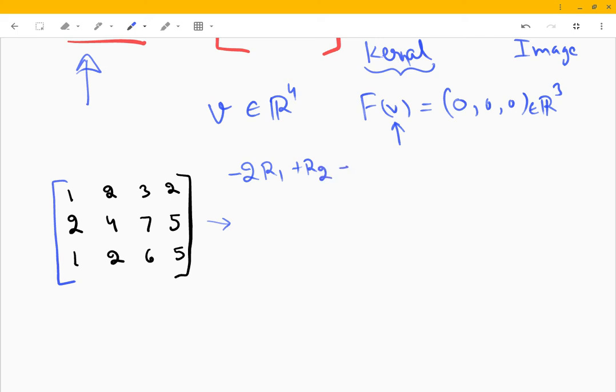This is my R2. You are very familiar with this now. I don't need to write 1, 2, 3, 2, but just for the sake of it, I will write it. And our R3 changes to R3 minus R1.